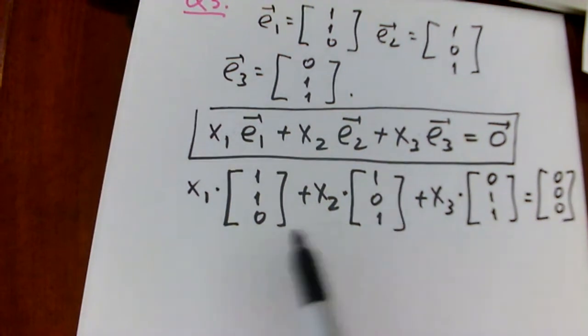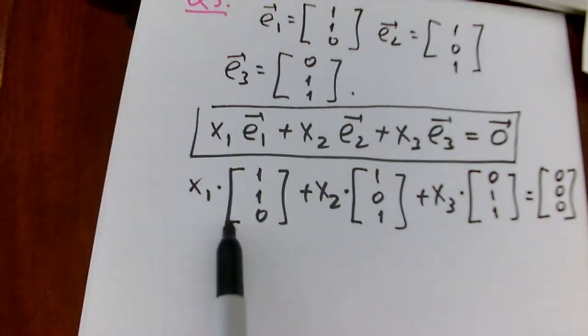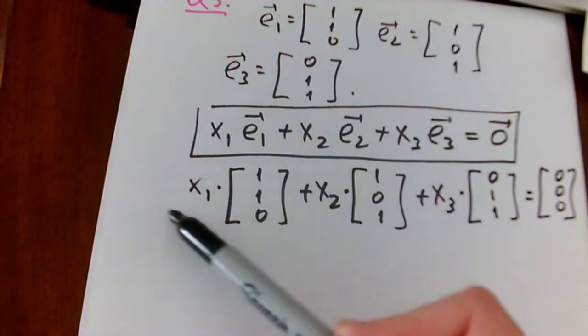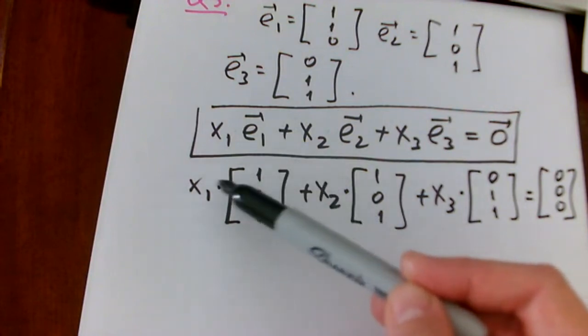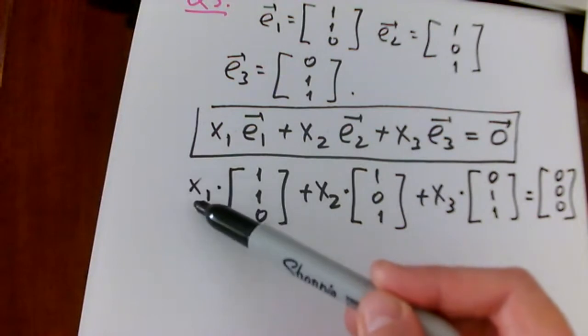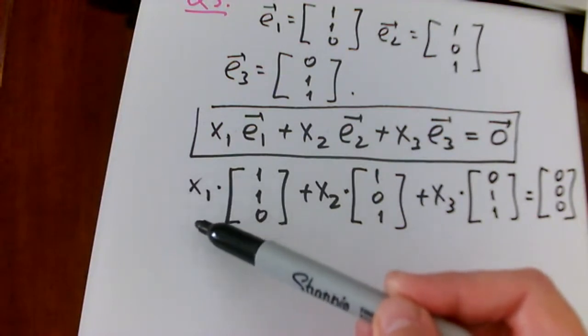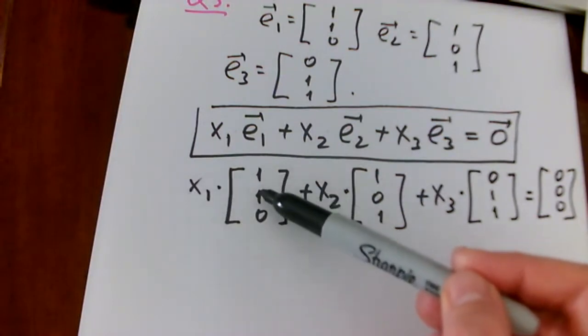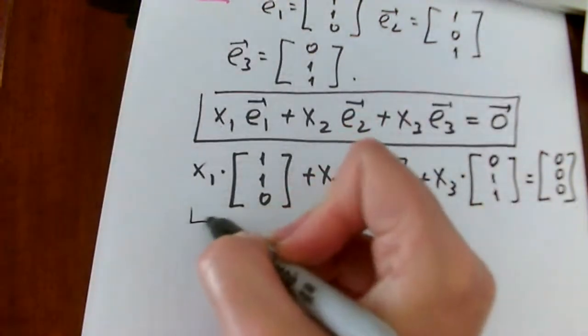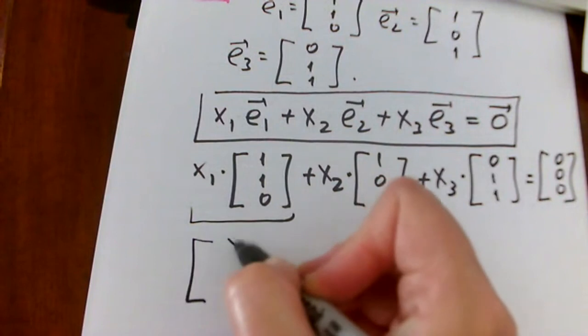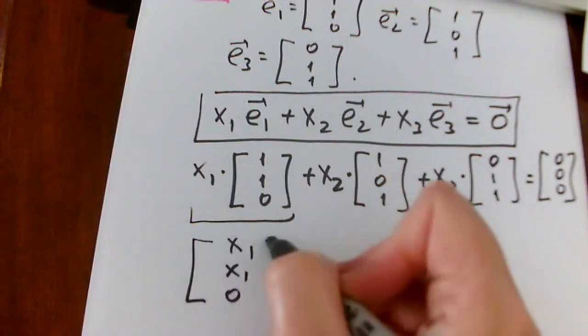So now it looks even more daunting for some. But look at this first term, for example. This column is a matrix, and the matrix gets multiplied by the constant x1. This is a very well-known operation: we multiply every element of the matrix by x1. So this whole term turns into the column x1, x1, 0.